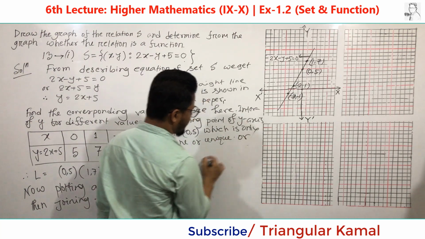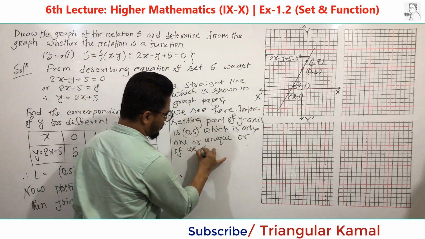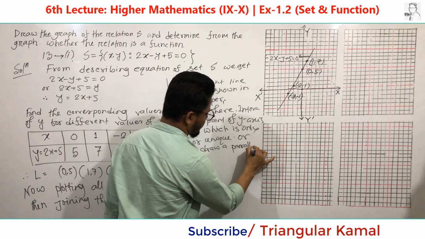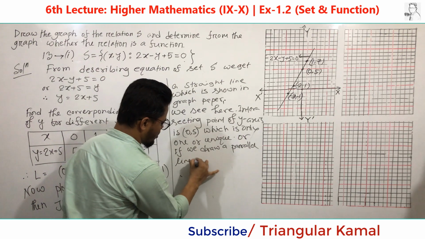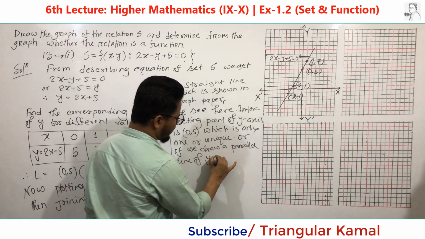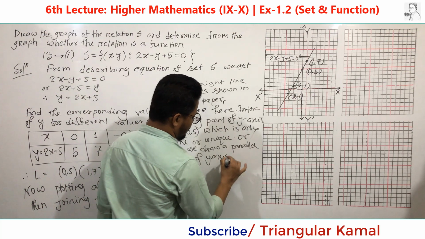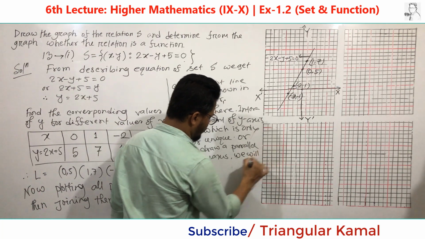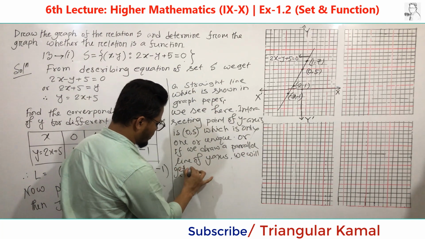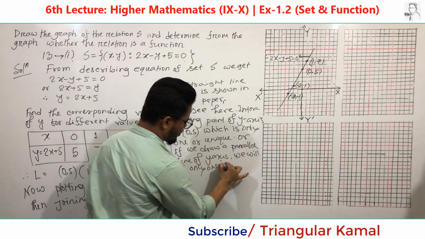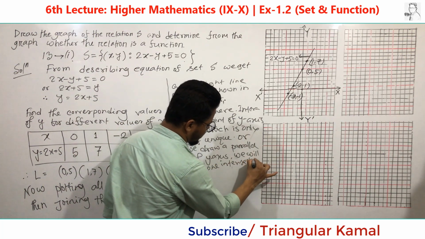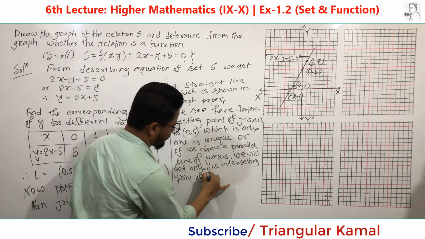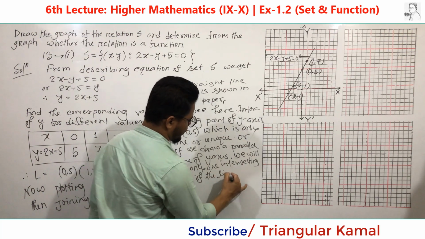Or if we draw a parallel line of the y-axis, we will get only one intersecting point of the line.